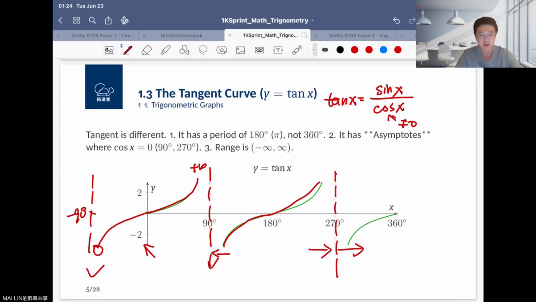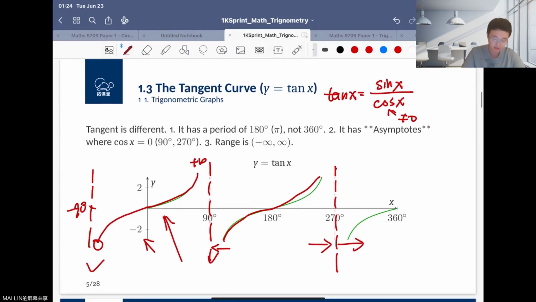That is how we draw tangent x. Remember that we cannot choose 90 degrees and negative 90 degrees, okay? Most of the time, trigonometry problems want you to understand the domain, and this one period is what mostly tests you, okay?